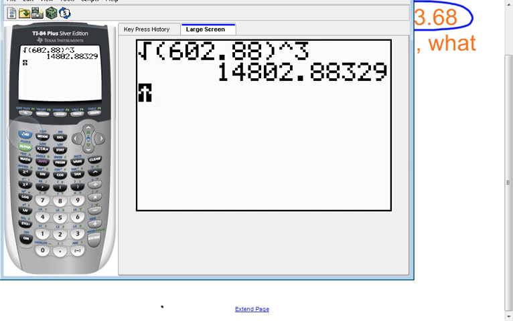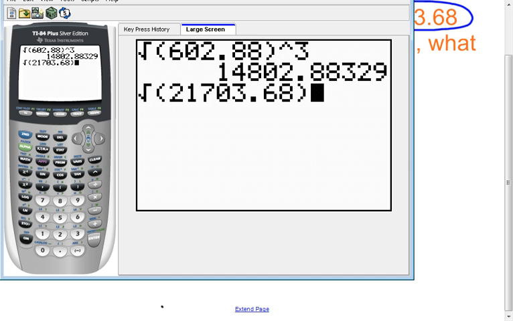So I need to first take the square root of the 21,703.68. Oops, hit the wrong button, didn't I? You take the square root, try that again, of 21,703.68. Remember, close that parenthesis, and then I need to cube it.